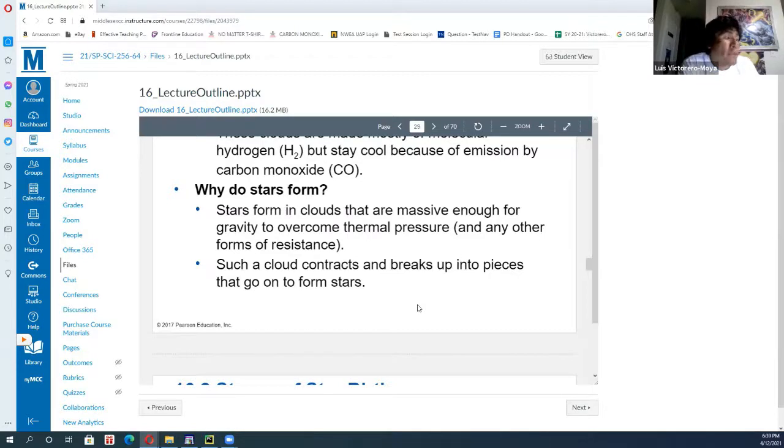Because these clouds are triggered, they become unstable, and they can start to fragment. Once they start to fragment, you have different lumps of this cloud, and each of those lumps can start to contract and shrink, and enough pressure can be built to start igniting enough heat to have a star being formed.